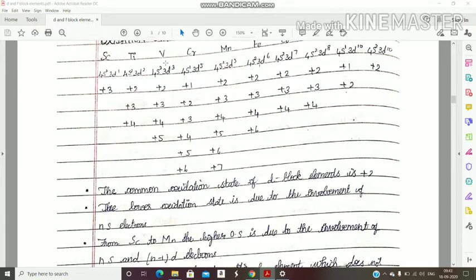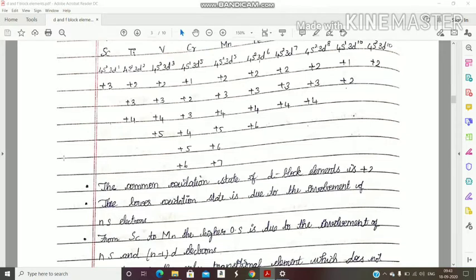In case of vanadium, what is the lower oxidation state? In this case also +2. That means these 4s2 electrons are involved in bonding, then it exhibits +2. In case of chromium, what is the lower oxidation state? +1. That means when this electron is involved in bonding, then it exhibits +1. So not only in this case, in every case except scandium, the lower oxidation state is due to involvement of ns electrons.